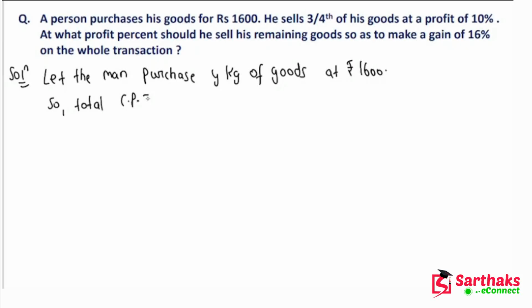Okay, so here the total CP, that is total cost price, is rupees 1600. He sells 3/4 of his goods at a profit of 10%. So how many goods he had? He had y kg of goods, so 3/4 of y would be a good option.